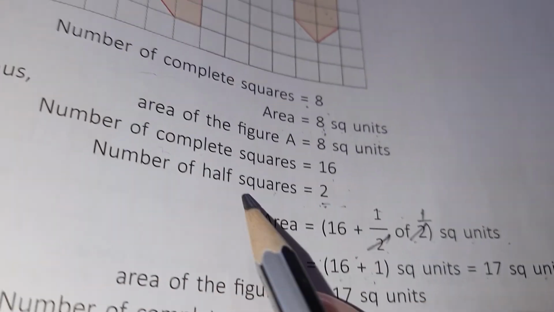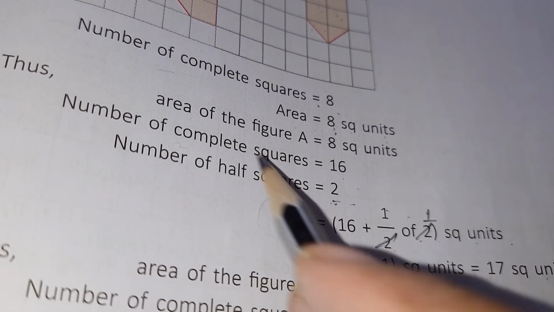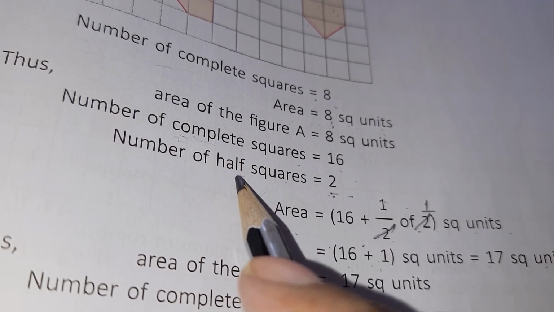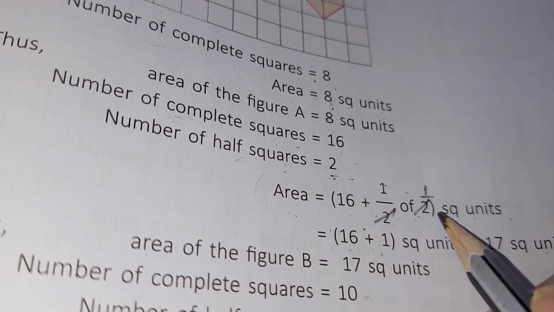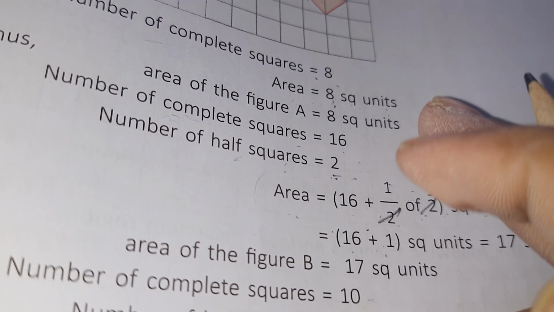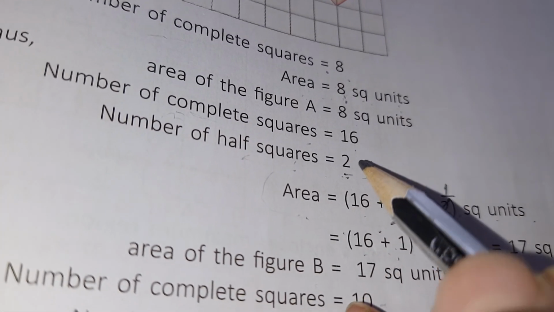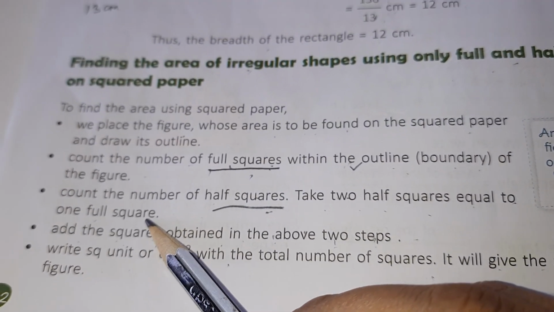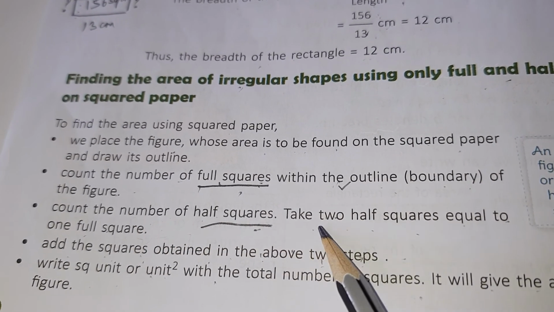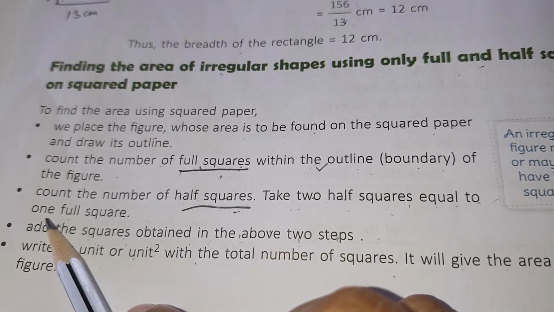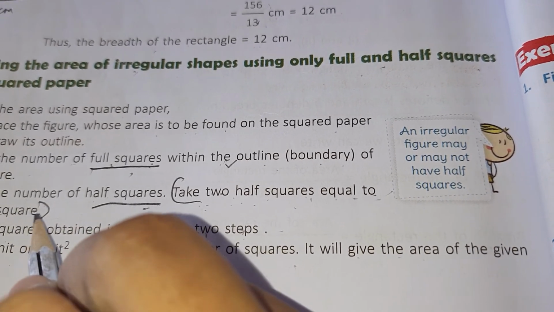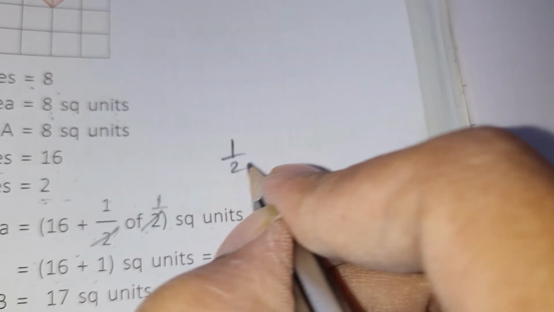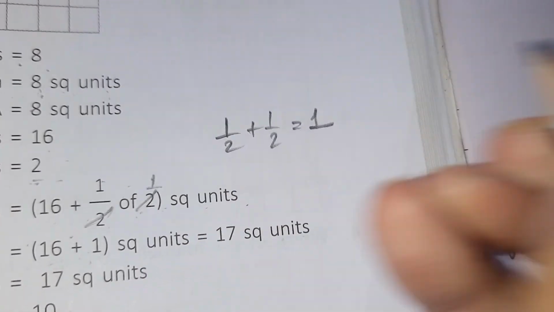Then we find the area by adding up the complete squares and the half squares. So 16 plus half of 2. As I told you, take 2 half squares equal to 1 square, that means half plus half is equal to 1.